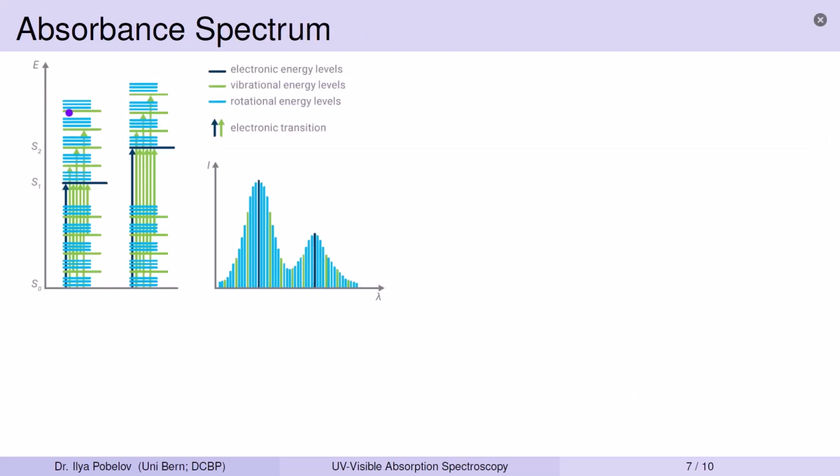In UV-visible spectroscopy, we study how molecules and atoms absorb light of different wavelengths. When light of a specific wavelength shines on a sample, some of it gets absorbed. This absorption occurs because the energy of the light can excite electrons in the sample from a lower energy level to a higher one.